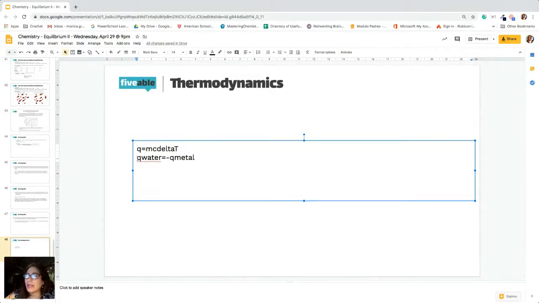So that's why a negative is placed here, to show that the gain of heat of one substance, in this case water, will be the loss of the other substance, which is the metal or whatever. So that's how you show with the negative that the loss of heat will be the gain of heat for the other one.